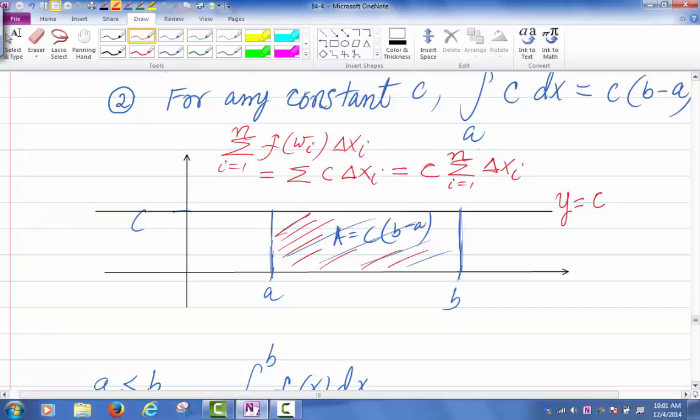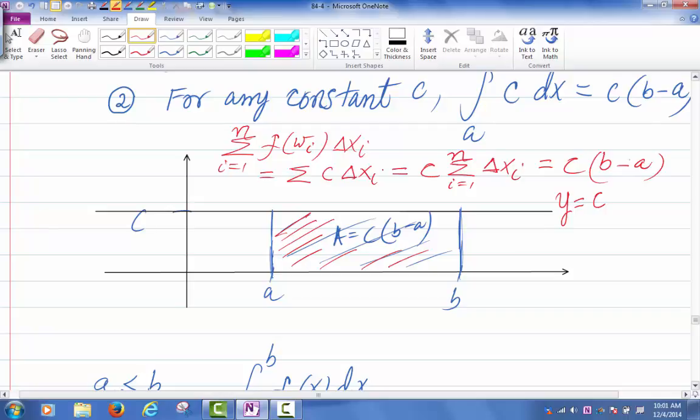But wait a minute, what's the sum of the delta xi's? Delta x1 is the length of the first subinterval. Delta x2 is the length of the second subinterval. Delta x3 is the length of the third subinterval. If I add up all the lengths of the subintervals, I get the entire length. The entire length is b minus a.